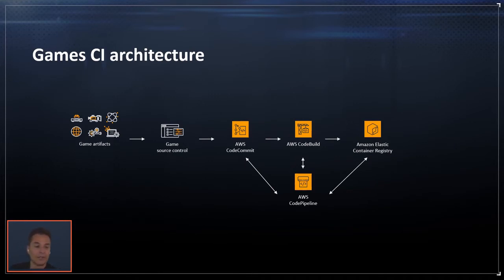Now, this is a more specific continuous integration architecture. If you think about the reference architecture blueprint that Nila provided, we're now going to dive deeper into the continuous integration pipeline.